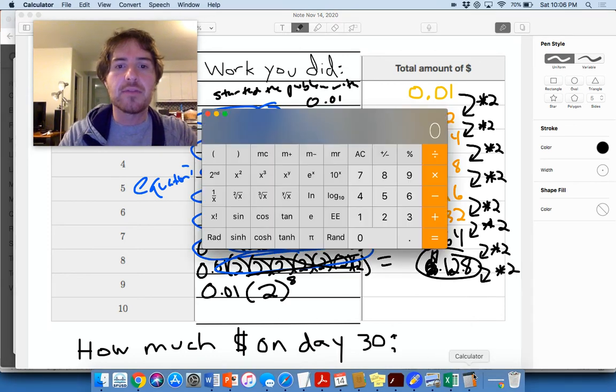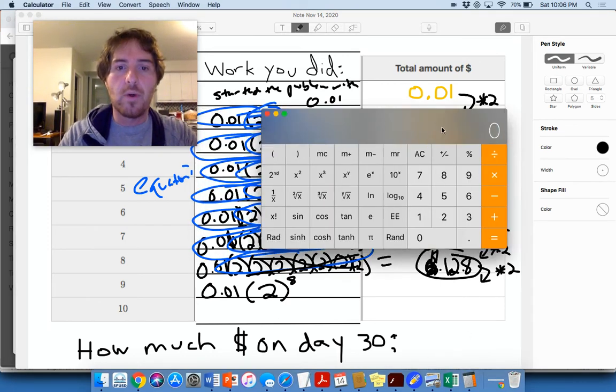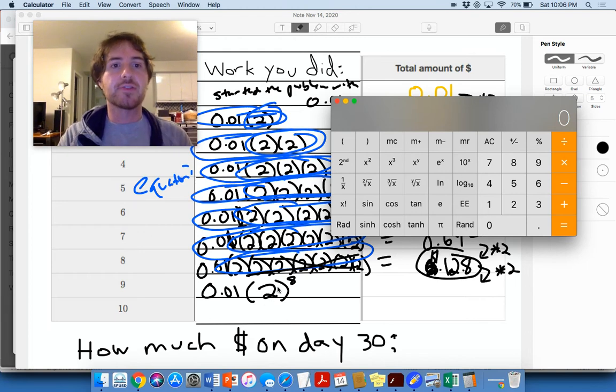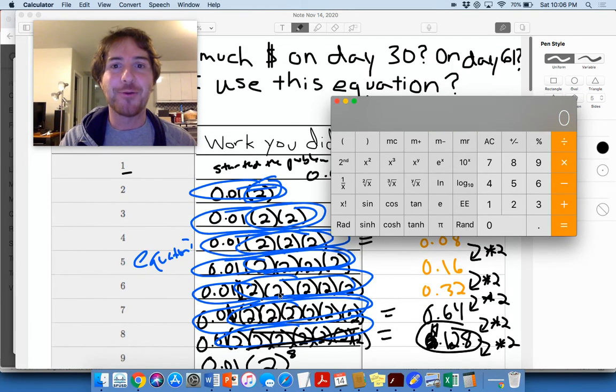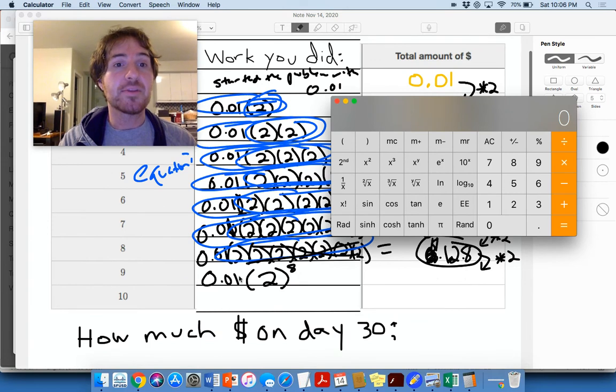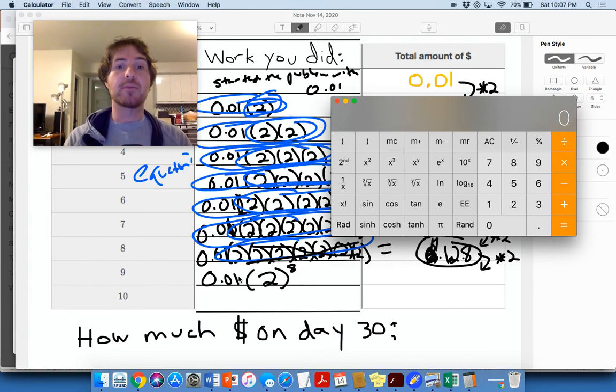So I got 0.01. And this is really the reason why you're asking: how do I use this equation? You have to follow your PEMDAS rules, your order of operations. So the question is, do you do 0.01 times 2 and then take that to the 8th power? No, that doesn't make sense, because in PEMDAS, multiplication comes after exponent.